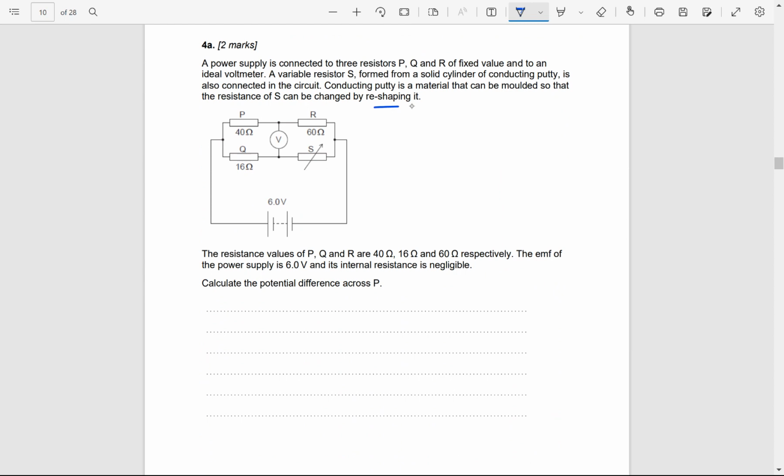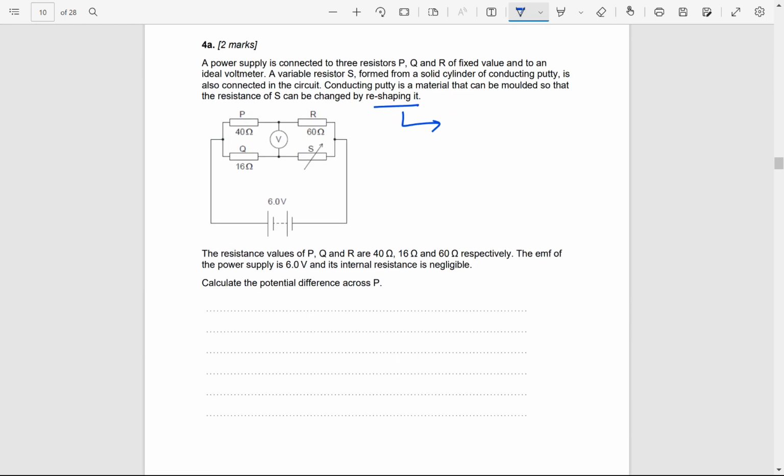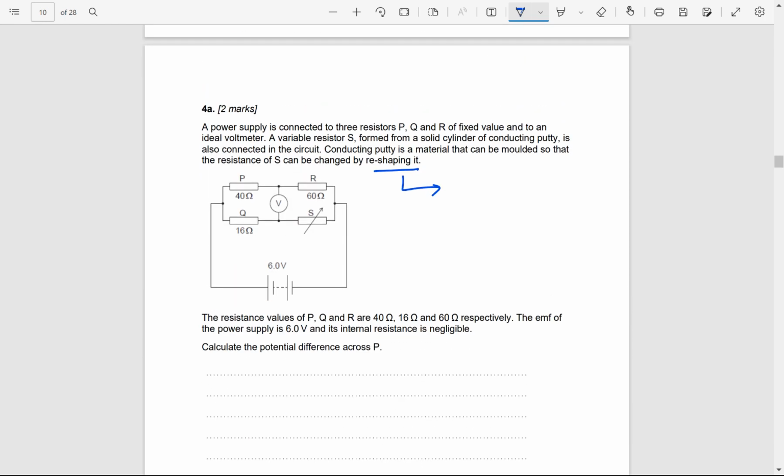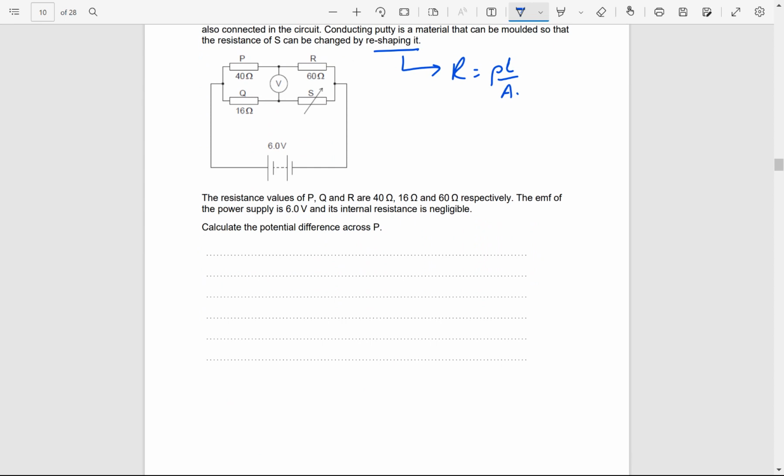You can reshape it. So to me, that is alarm bells, that we're going to potentially have something to do with this kind of thing. If we can reshape a resistor, it could be that something like that is going to come up, if not in this part of the question, or maybe later on.